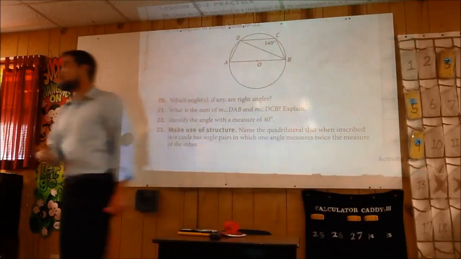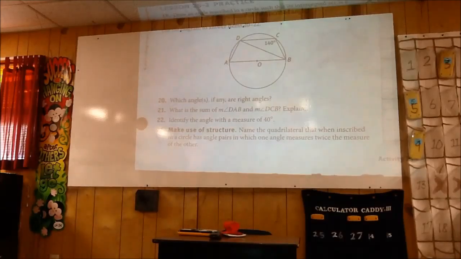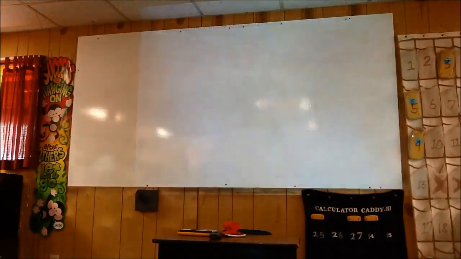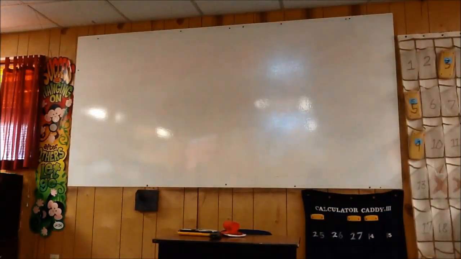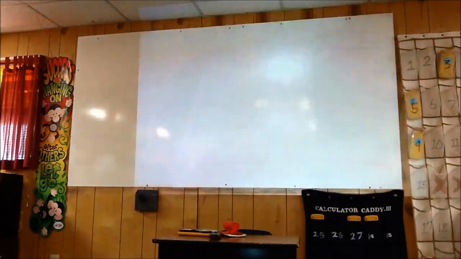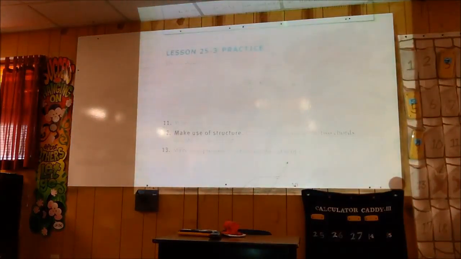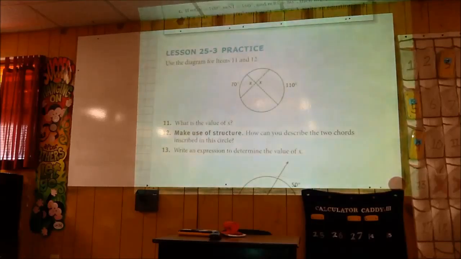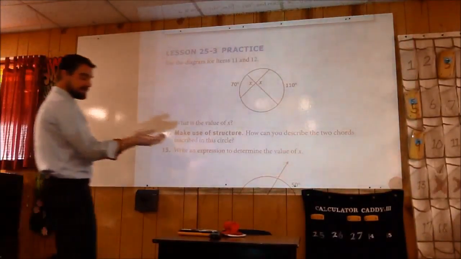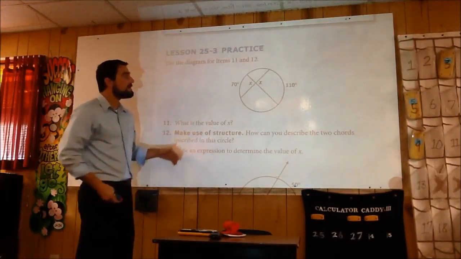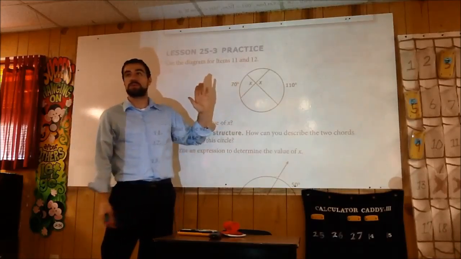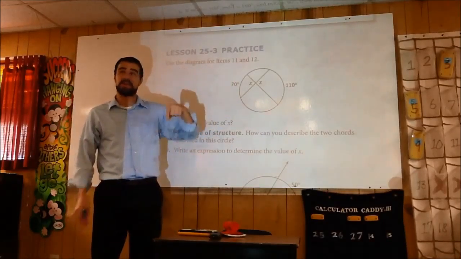Okay, and on to the last page of homework, 362. On this, lesson 25-3, so this is the third page of homework. This is all about angles whose vertex is inside the circle somewhere.